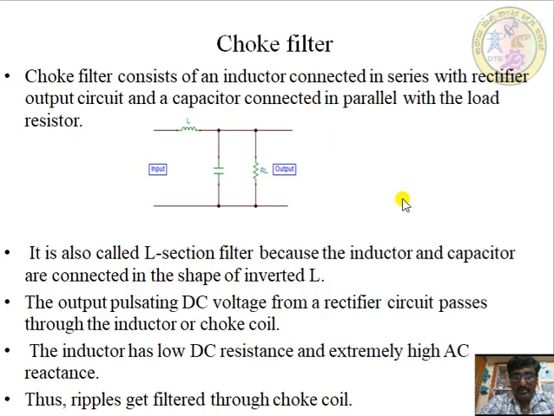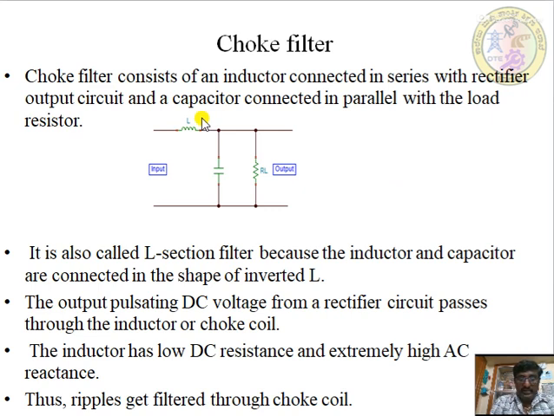Okay, next is the choke filter. A choke filter consists of an inductor connected in series with the rectifier output circuit and a capacitor connected in parallel with a load resistor. Normally we just connect a capacitor across the load resistor RL, but in a choke filter we connect one inductor in series with the rectifier output.